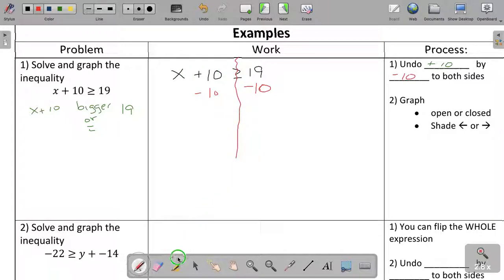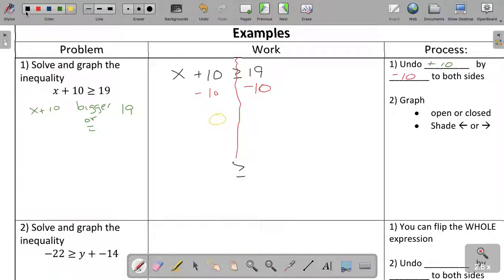We just have to remember that at the very end of our problem, my answer is going to be, hopefully, greater than or equal to something. What is positive 10 and negative 10? Positive 10 and negative 10 is 0.